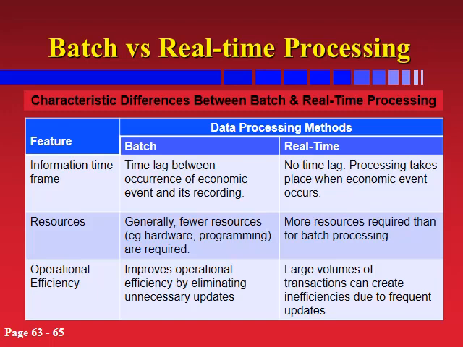With regards to resources, batch processing requires fewer resources because you're handling everything in one transaction. More resources are required when you're doing real-time processing. For operational efficiency, batch processing improves efficiency because we don't have to wait for each transaction to go through before it is updated.